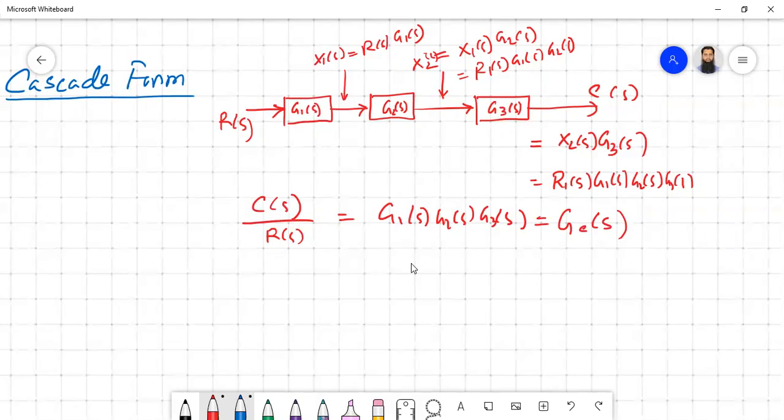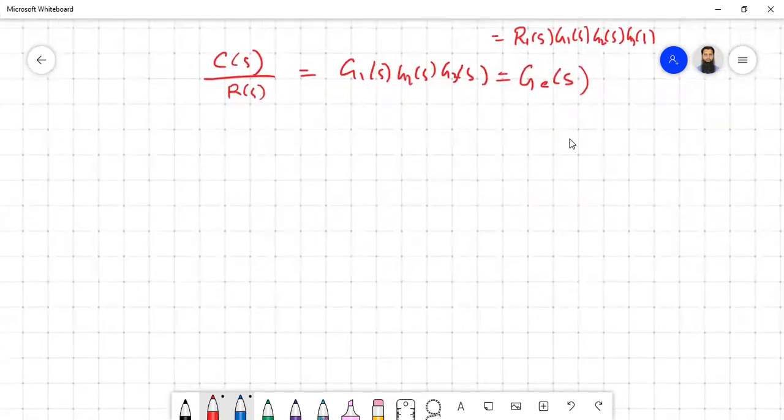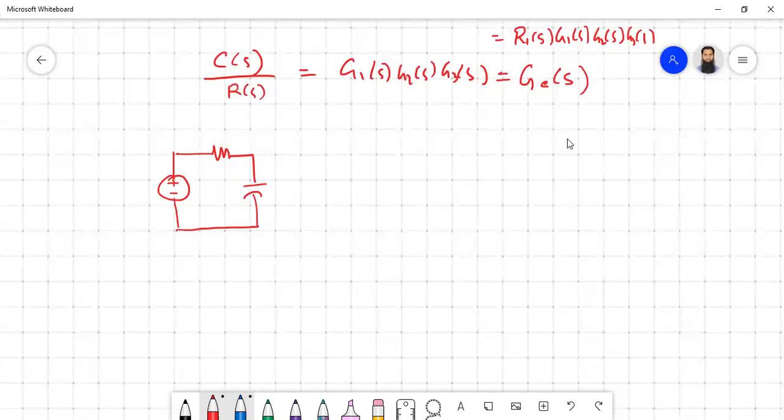So let us give one mathematical example that will make things easier to understand. Say we have one block, something like this, a resistor and capacitor network. Say this is your ViS, this is your V1S, this is C1, and this is your R1.